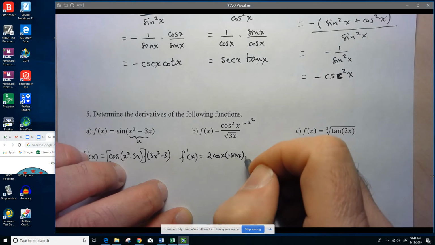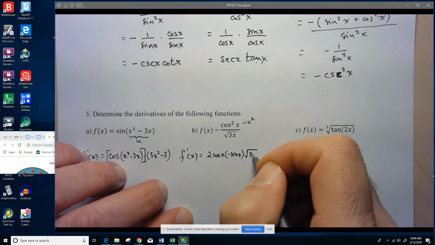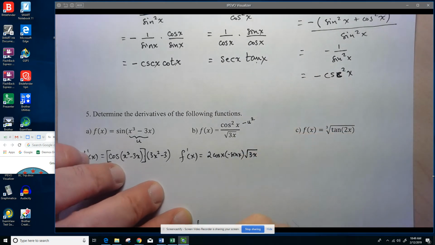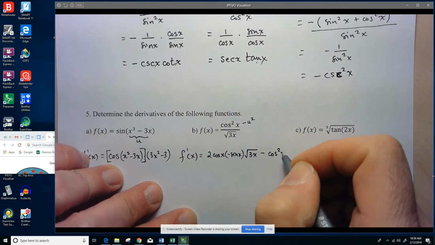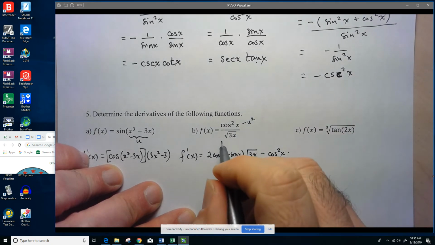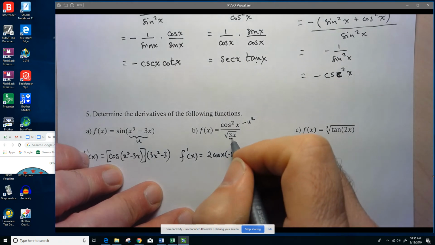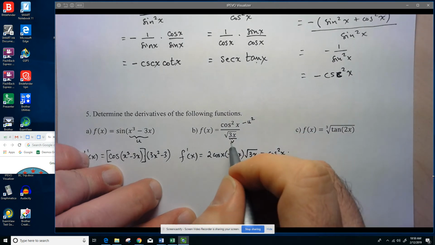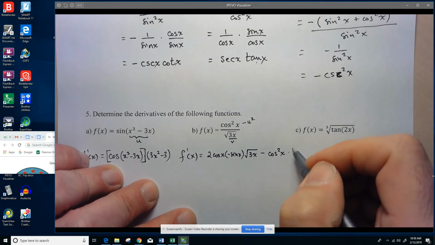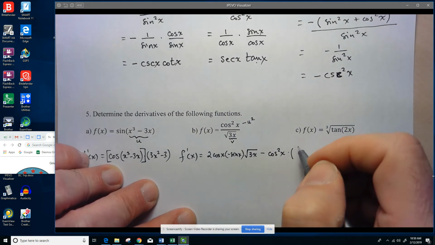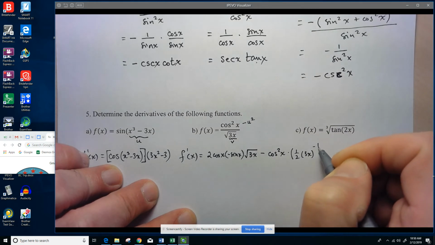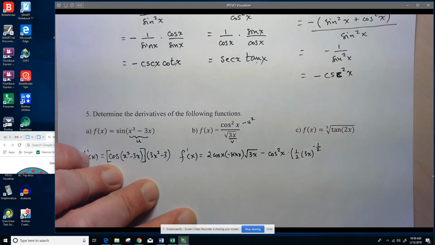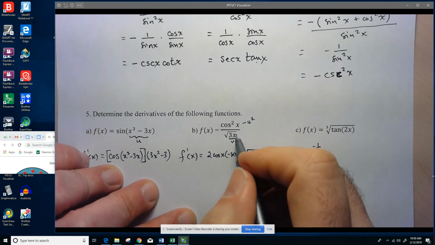Times the denominator. So we see this is getting pretty long. I'll probably be going straight right through. Minus the numerator function, cos squared x, times the derivative of the denominator. Well, again, now I'll call this v. It's v to the 1/2. So what's my derivative look like? Well, 1/2 v, which is 3x to the negative 1/2, times the derivative of v.